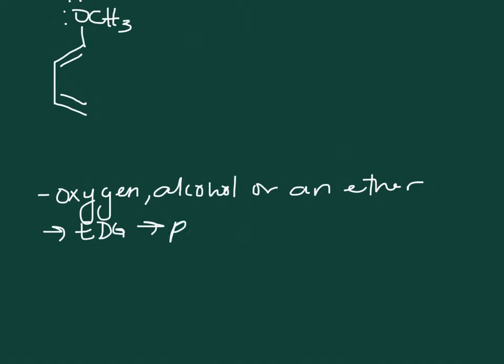They can push electrons in. So that lone pair can get pushed into the ring, and then we have to push the electrons out onto the carbon.